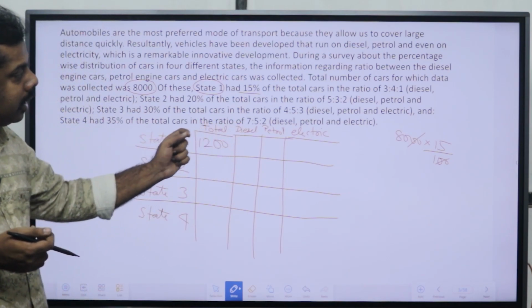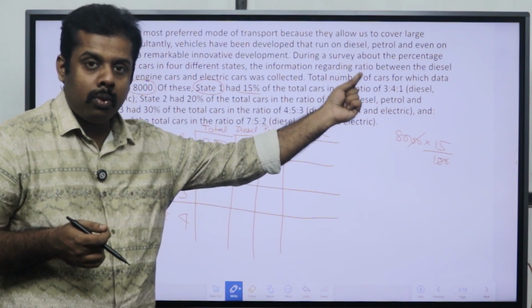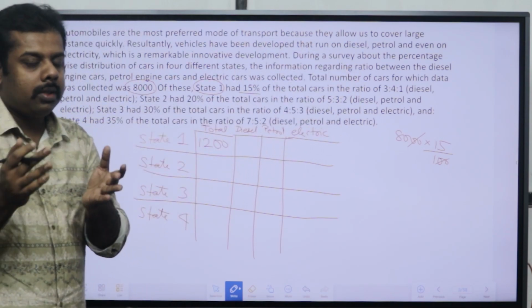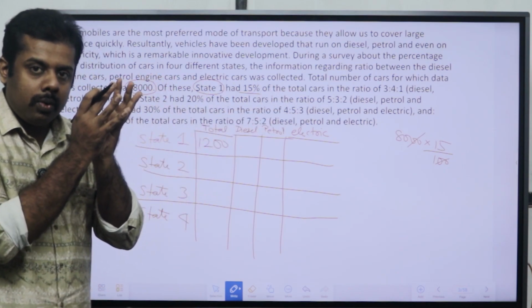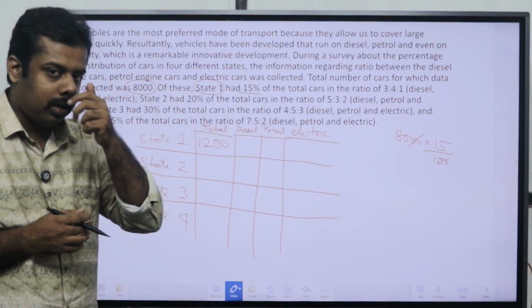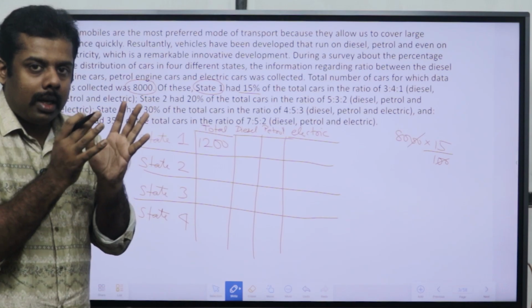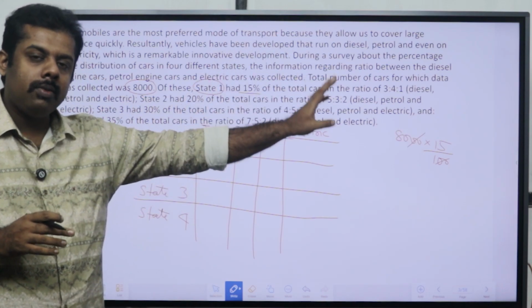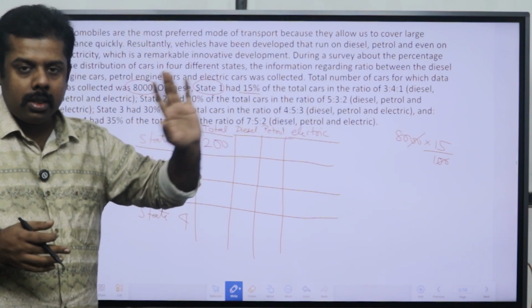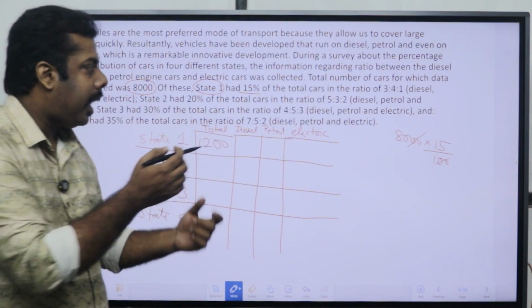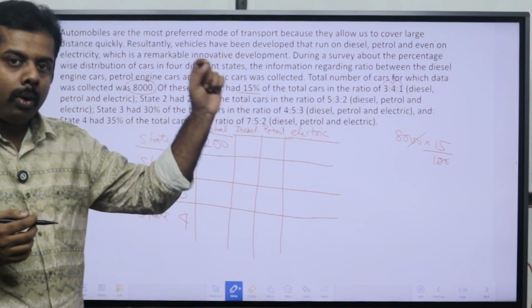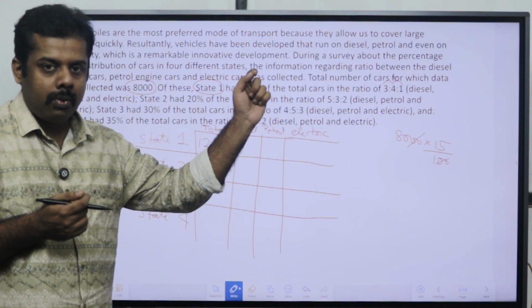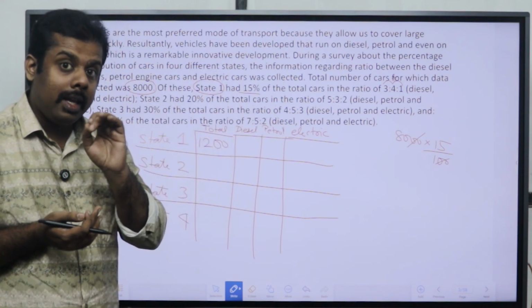Now in that the ratio is 3:4:1. As we have already studied in the ratio part, the total ratio has to give us 1,200 here, because the cars are basically a combination of diesel, petrol and electric cars. So adding 3, 4 and 1, we get 8 ratio.